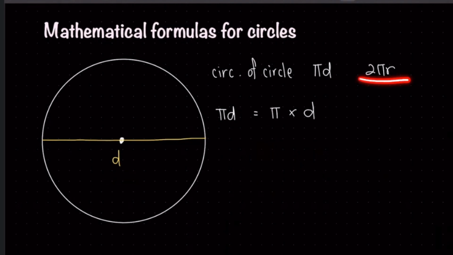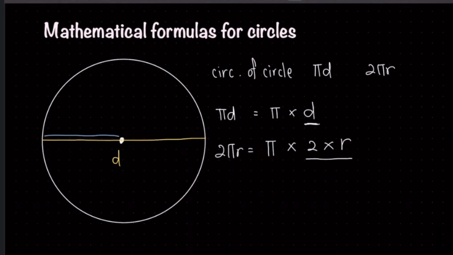Moving on to 2 pi r, this 2 pi r is pi times 2 times r. Remember that 2r is the same as 1 diameter. 1 radius, another radius. 1, 1.